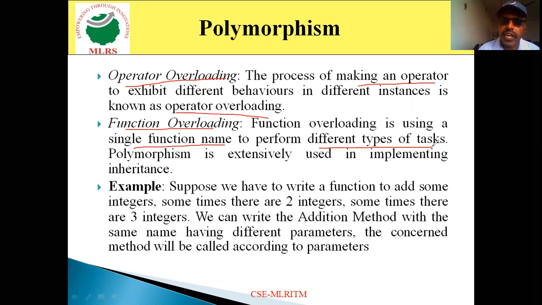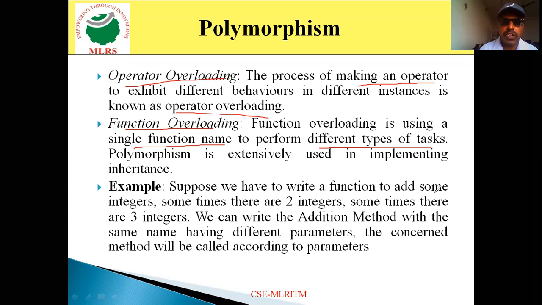Similarly, I can calculate the area of a triangle, and the area of a square, by specifying area as the function name. So look at this: I am specifying only one function name, area, but I am calculating the area of a rectangle, triangle, square, and circle also. It can exhibit different performance.